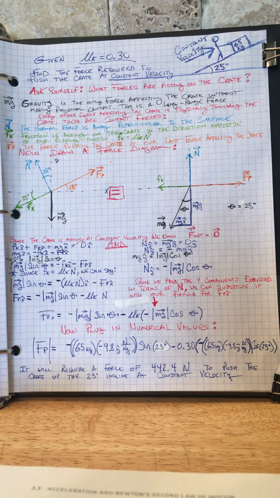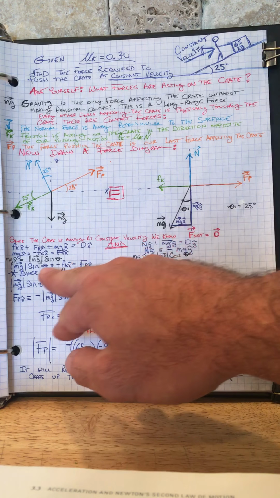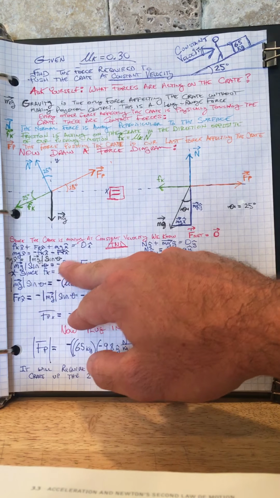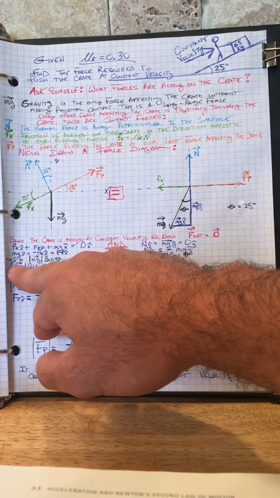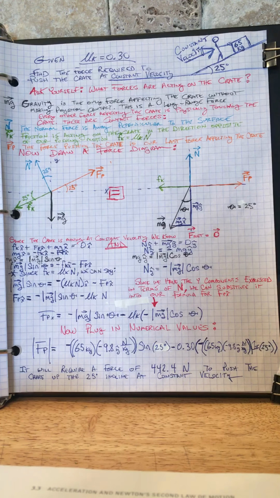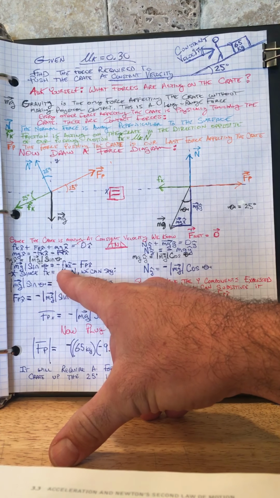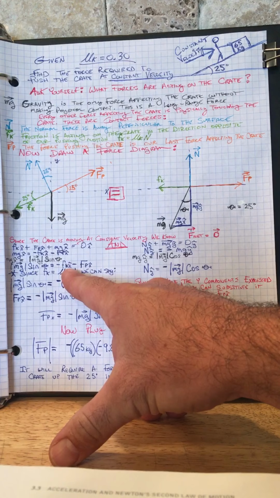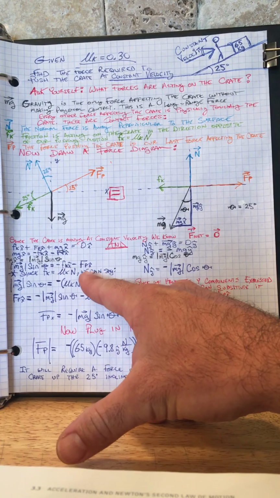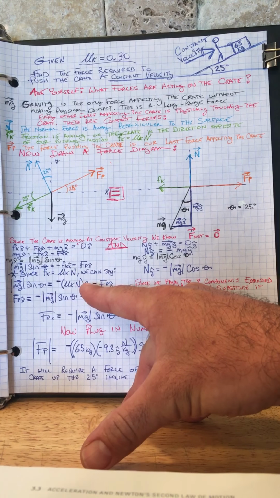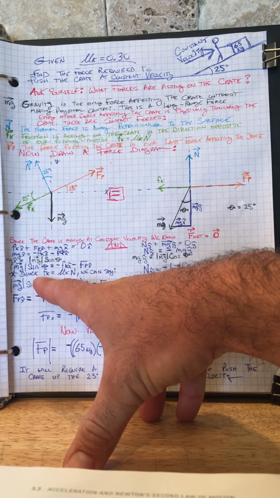And to solve for the mg x hat, we have to use some trig functions there. Like I said before, mg sine theta basically is going to give us our mg x hat. So we can rewrite it: mg sine theta equals negative force of friction minus the force of pushing, the x components of those.